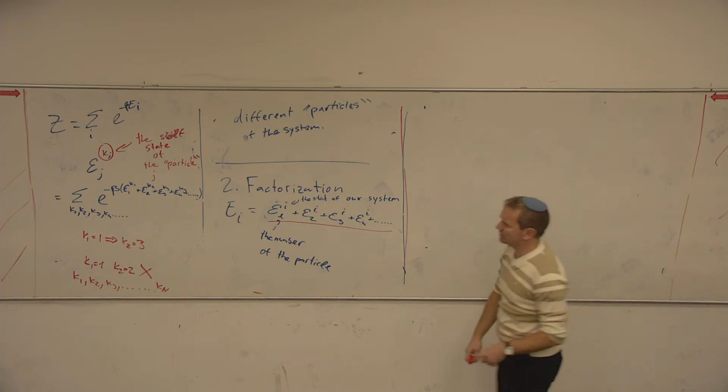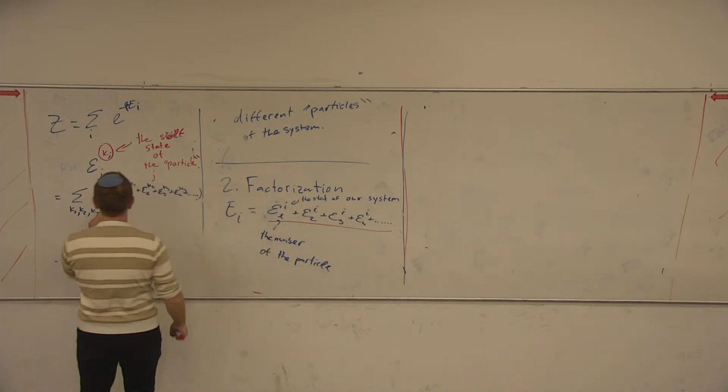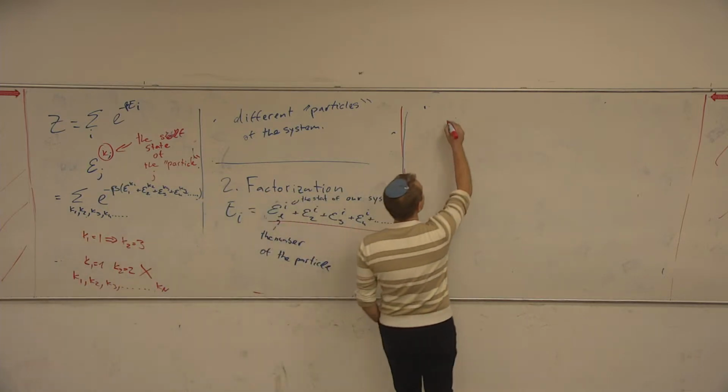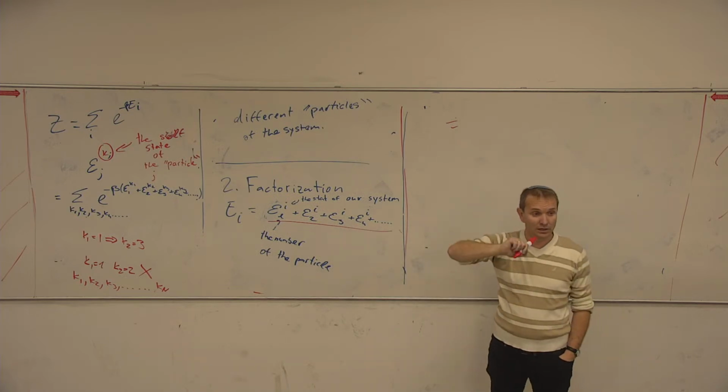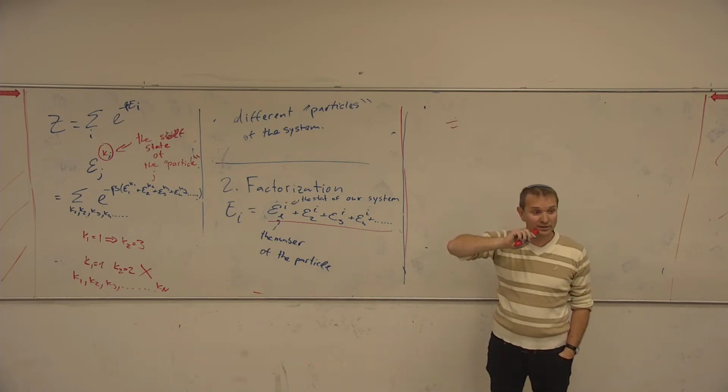Now, why is it called factorization? Let's look at this specific summation over here. So we can write it down. Questions? I have a question. A few lessons ago, you told us that if I have two states with the same energy, we conclude this as one.